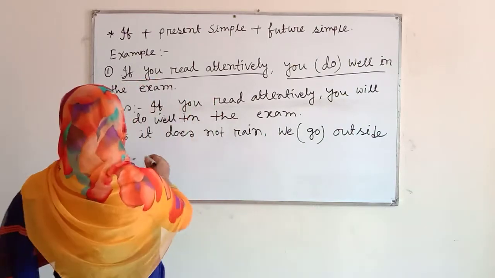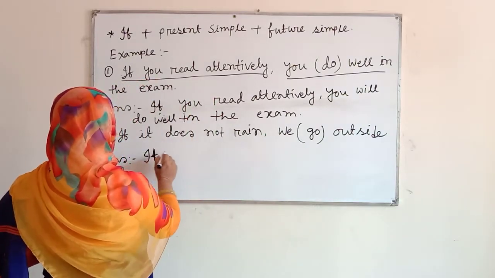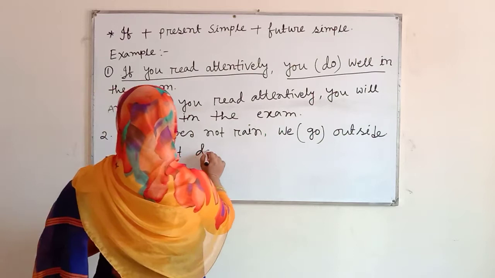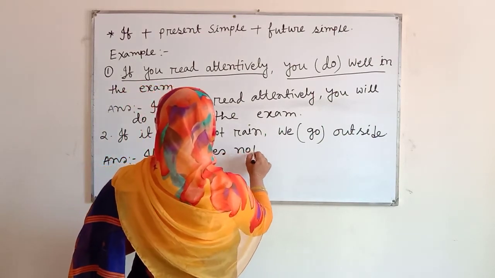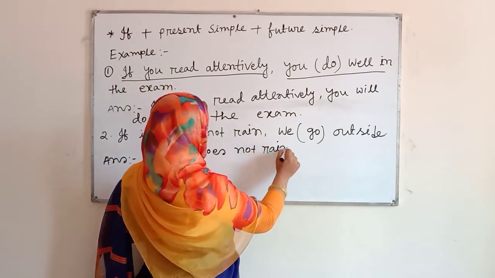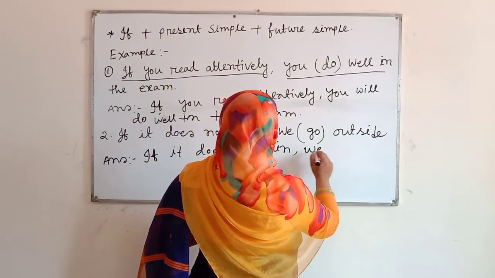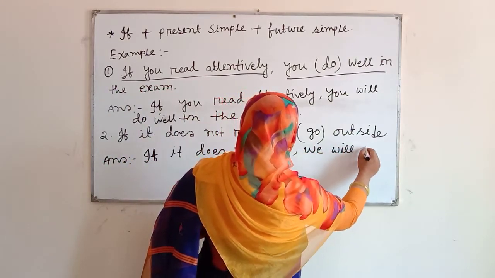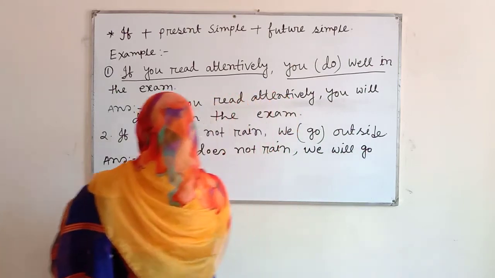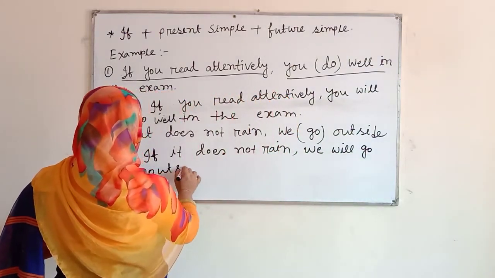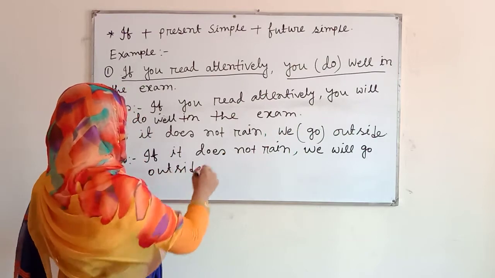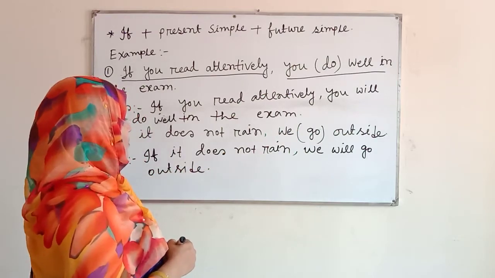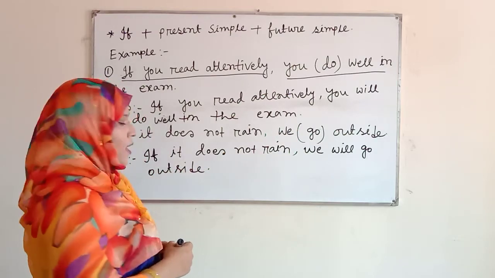So our answer will be if it does not rain, comma, we, structure shall or will, we will, verb 1, go outside. Now our answer is if it does not rain, we will go outside.